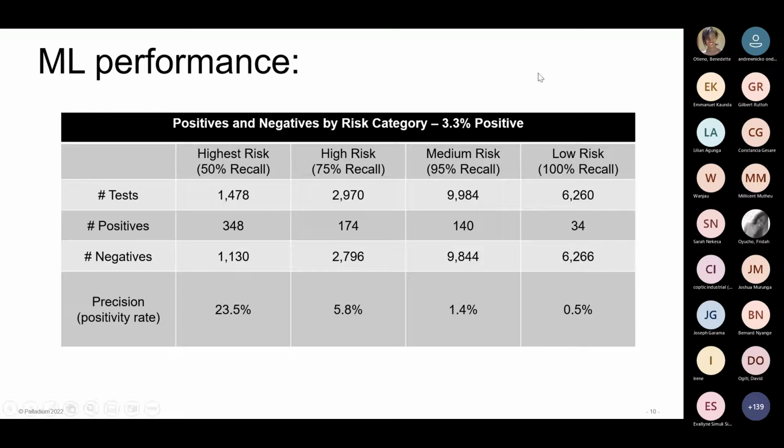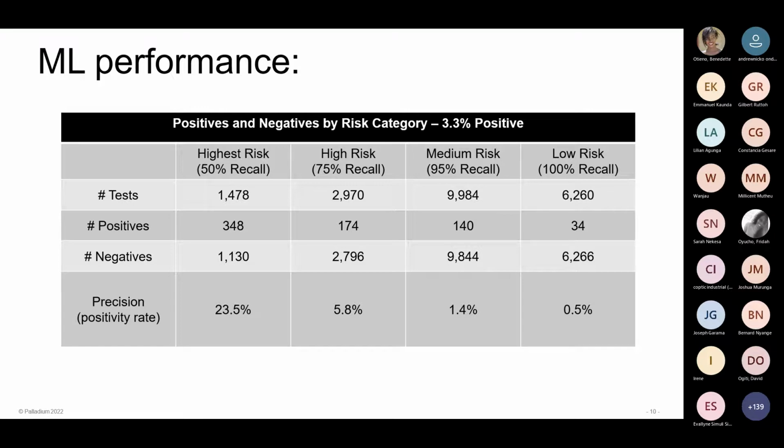We've got the low risk, medium risk, high risk, and highest risk. If you use this feature in the EMR, you'll have noticed that certain clients get classified as highest and others as low risk. Typically, it's recommended that you test the highest risk, high risk, and probably medium risk if you're convinced as a provider that that client needs to be tested. We don't recommend testing of low risk.